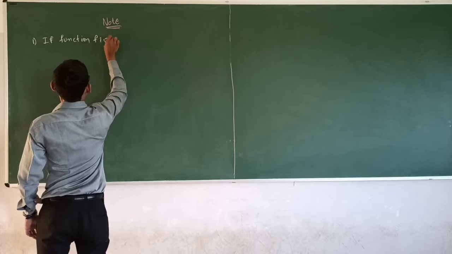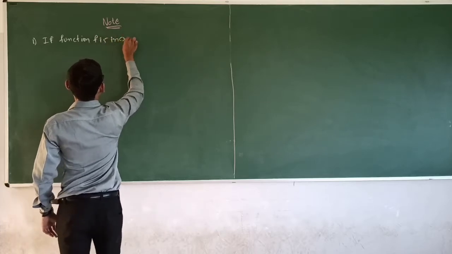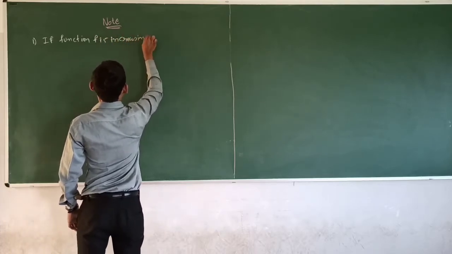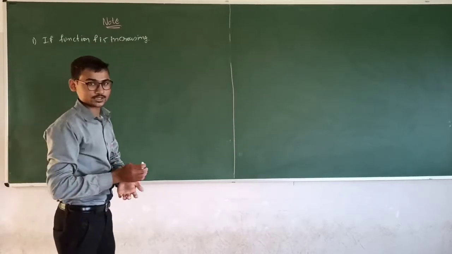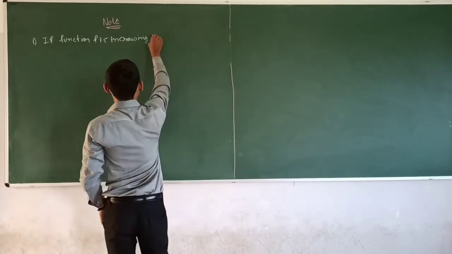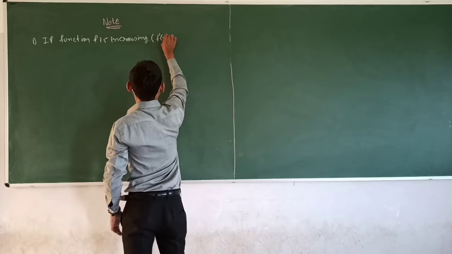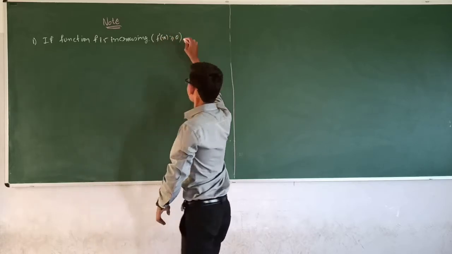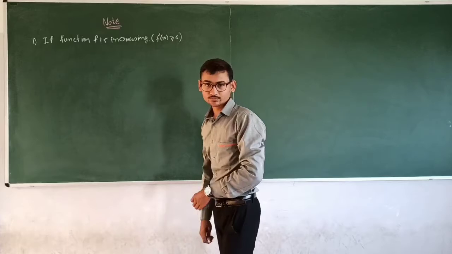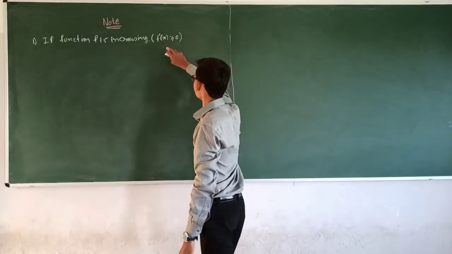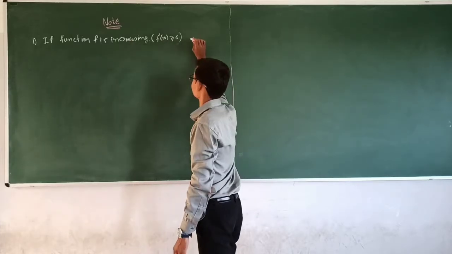If function f is increasing, how do we check if the function is increasing? That is the derivative of it. If the derivative of that function is positive or not negative, then the function is increasing.